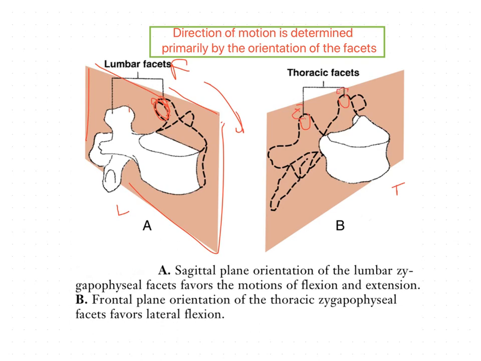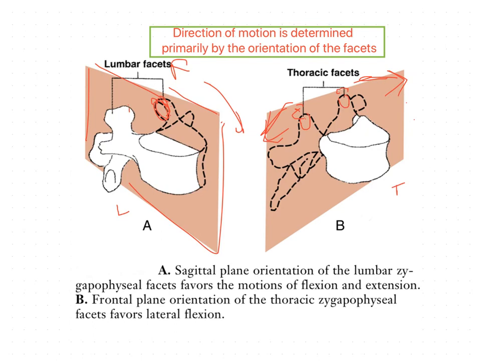So the orientation is frontal plane orientation, and this orientation helps the movements sideways, which helps in lateral flexion. So the amount of flexion and extension is restricted here and lateral flexion is allowed. Such facets favor lateral flexion.